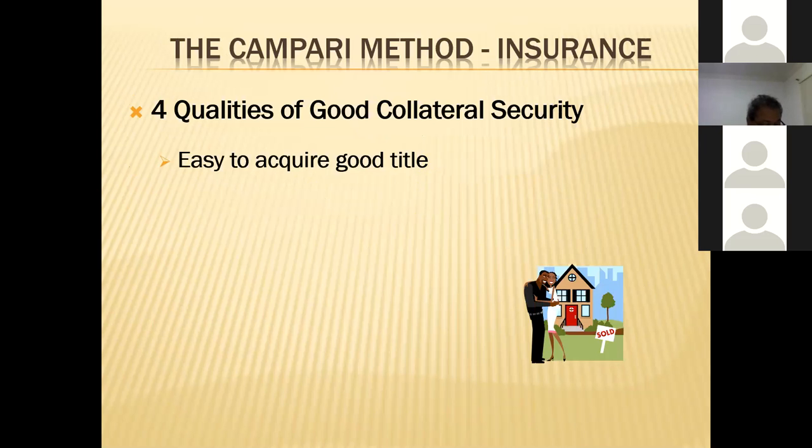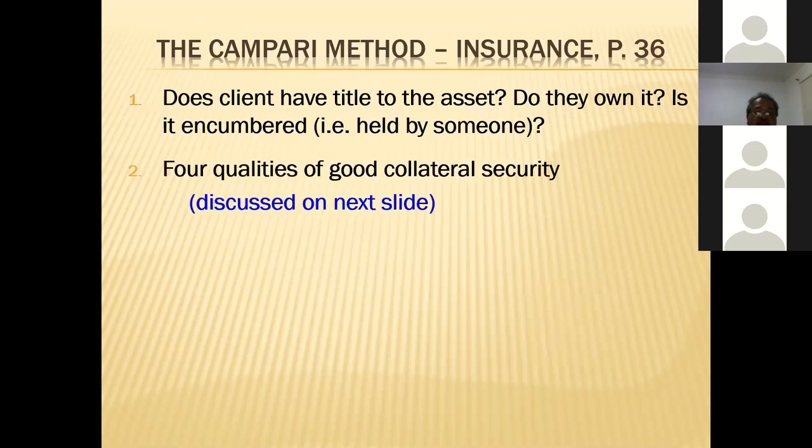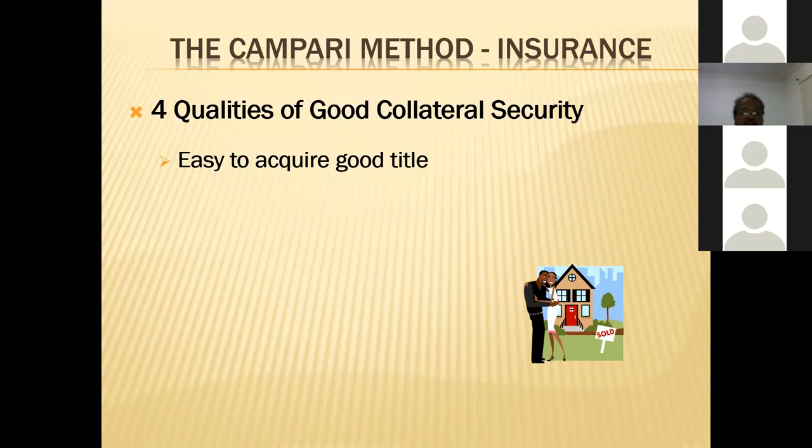That means, is the ownership easily transferable? It's not convoluted. Again, this goes back to that question: does the client have title to the asset? Do they own it? Is it encumbered? So the first question is, is it easy for us to acquire good title?